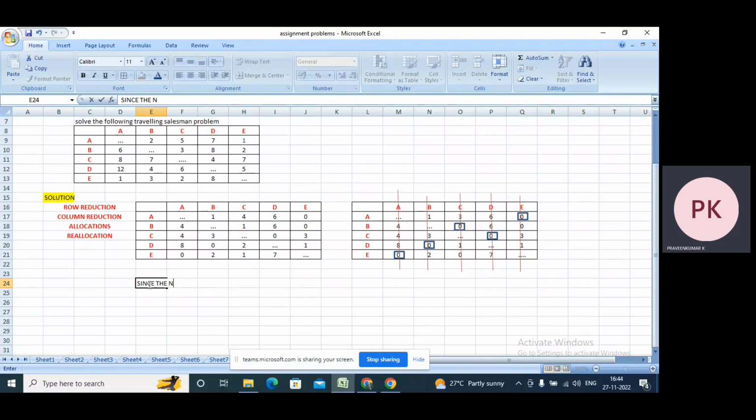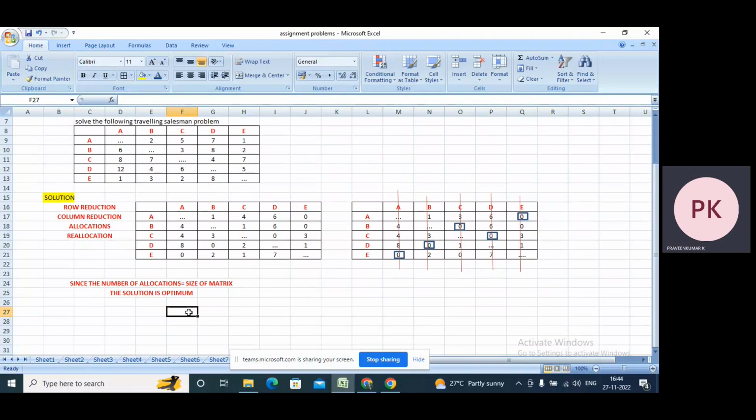Since the number of allocations is equal to the size of the matrix, therefore the solution is optimum in case of assignment.